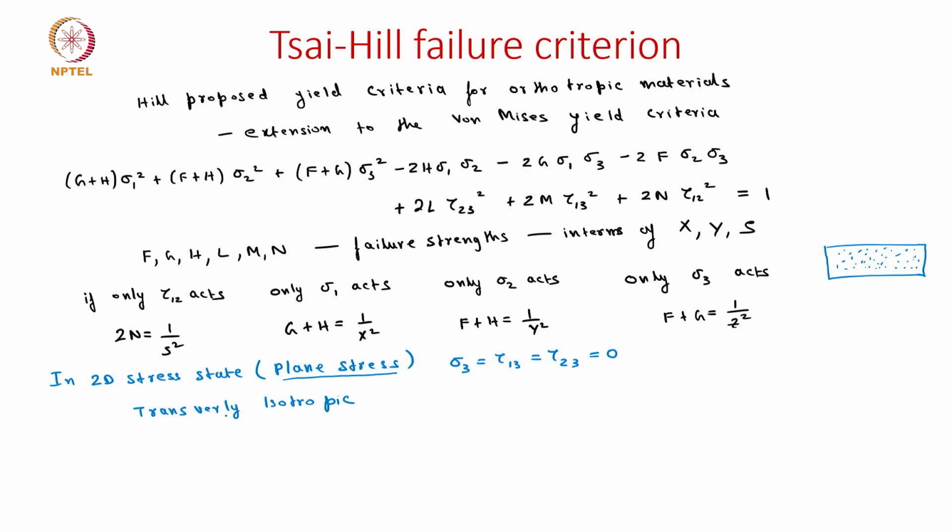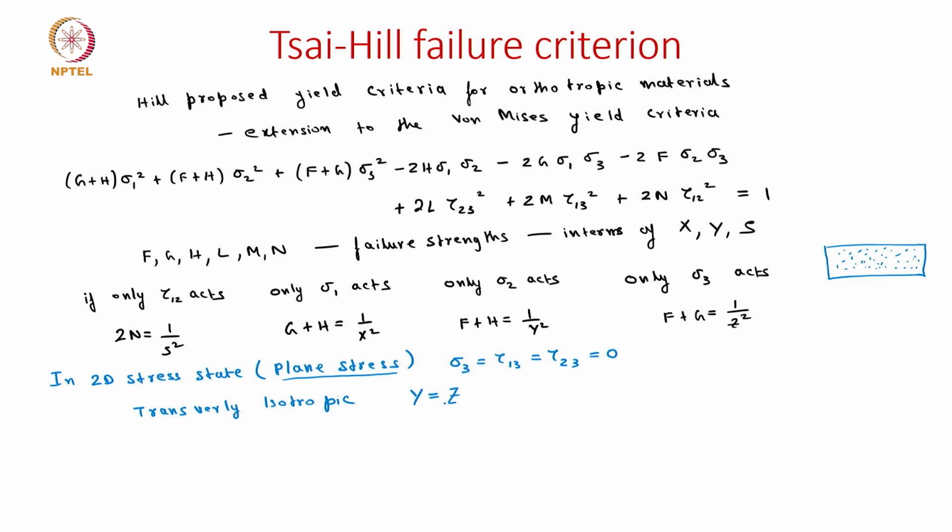So what does this assumption of transverse isotropy help us with? It helps us to show that any values in the direction y are also the same as the values in z. So we can first show it with the strengths. The strength in the direction y is the same as the strength in the direction z.